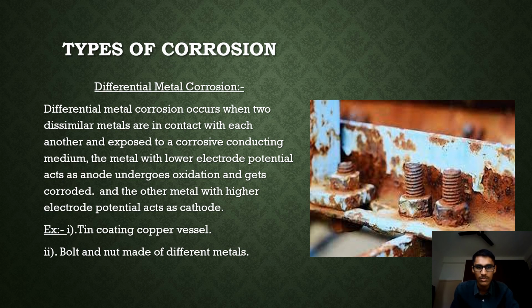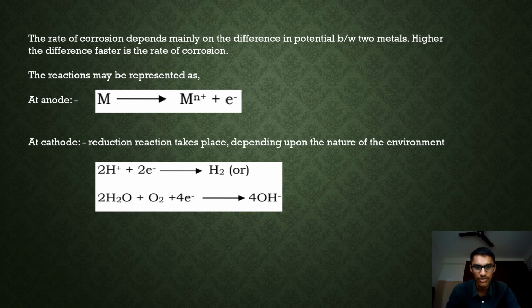For example, tin coating on copper vessel, bolt and nut made up of different metals. The rate of corrosion in differential metal corrosion depends mainly on the difference in potential between the two metals. Higher the difference, faster is the rate of corrosion.